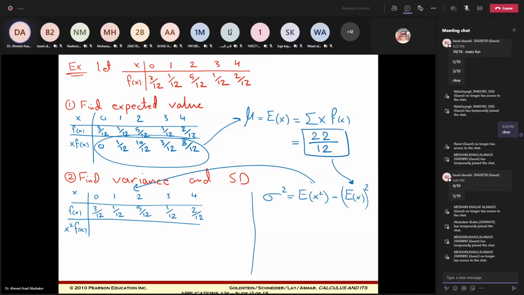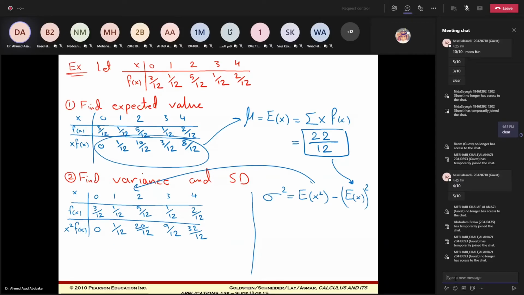Firstly find x square, and after that multiply by f of x. 0 square times 3 over 12 is 0. 1 square is 1, times 1 over 12. 2 square is 4, times 5, so we have 20 over 12. 3 square is 9, times 1 over 12, 9 over 12. 4 square is 16, multiplied by 2, 32 over 12.